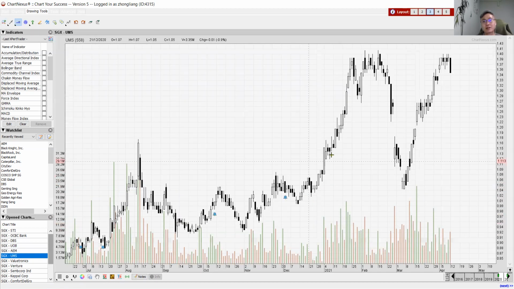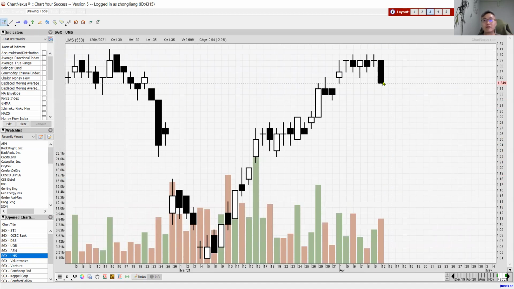For UMS, at the ending, the closing heavy selling, we can see it got matched down, it got matched lower as well. And this doesn't come as a surprise, because as you can see that as it goes up higher, it looks to be exhausted because of the candle pattern formed.